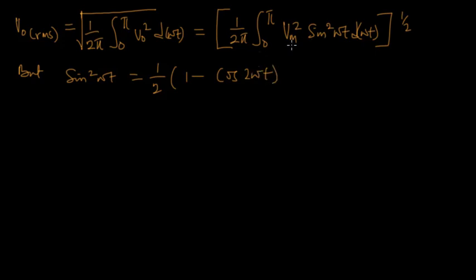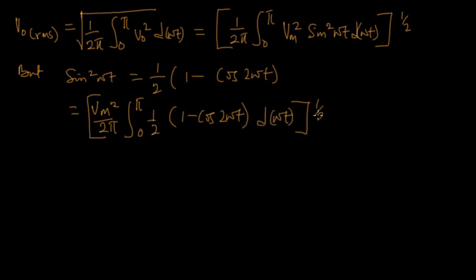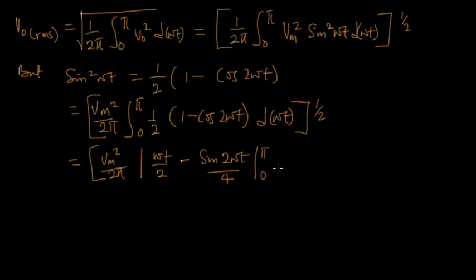So if we put that in place of sine square omega t, we are going to have Vm square over 2 pi, integrating from 0 to pi, 1 over 2 into 1 minus cos 2 omega t d omega t. Of course, that's raised to power 1 over 2, and that will give us Vm square over 2 pi times omega t over 2 minus sine 2 omega t over 4, with limits 0 to pi, raised to power 1 over 2.